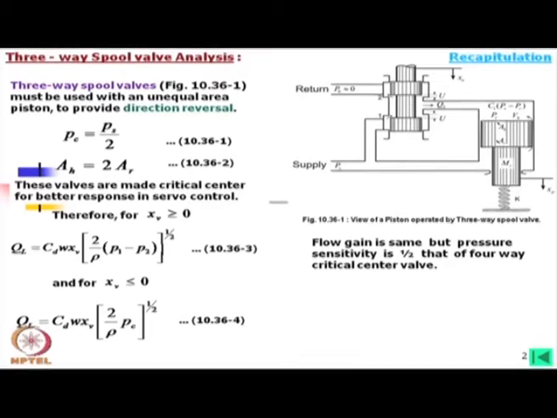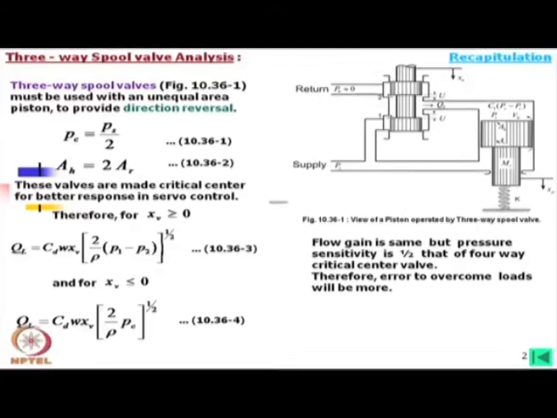Now, flow gain is the same, but pressure sensitivity is half, compared to the 4-way critical center valve. If we recall the 4-way valve analysis and compare the three different valve coefficients, then the flow gain coefficient shows that the pressure sensitivity here is half, whereas the flow gain will be the same as that of the 4-way valve.